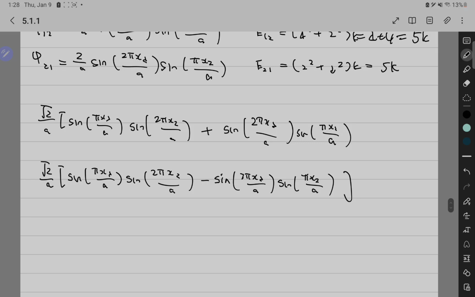But very interesting is that, remember from the Pauli exclusion principle, no two fermions can occupy the same state.